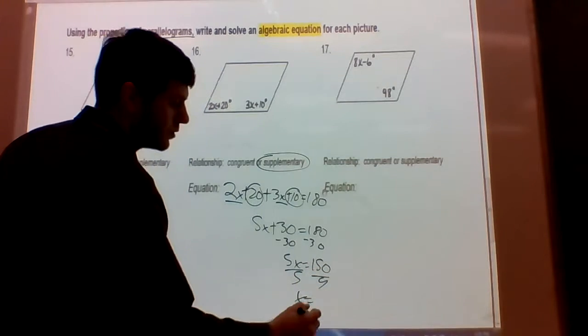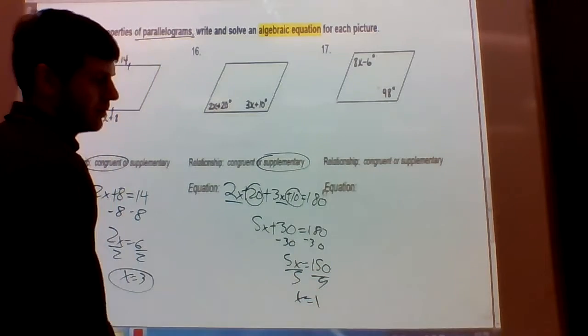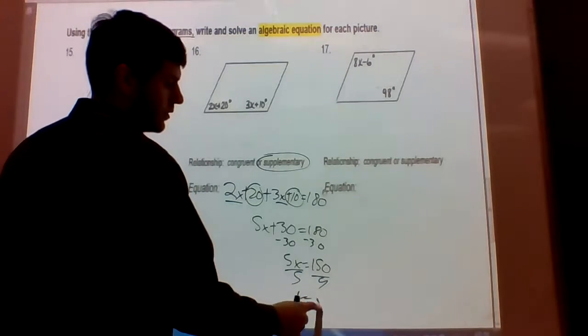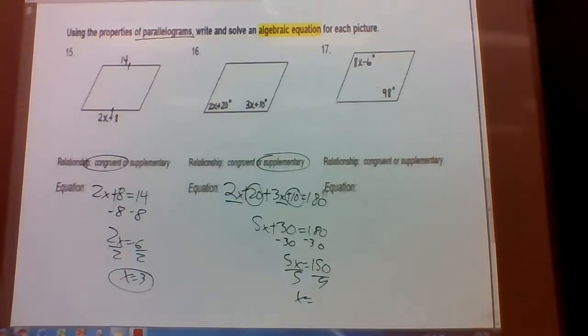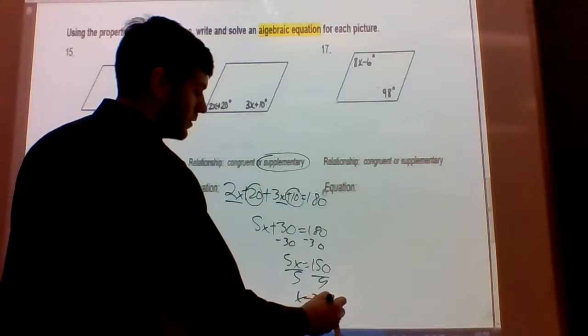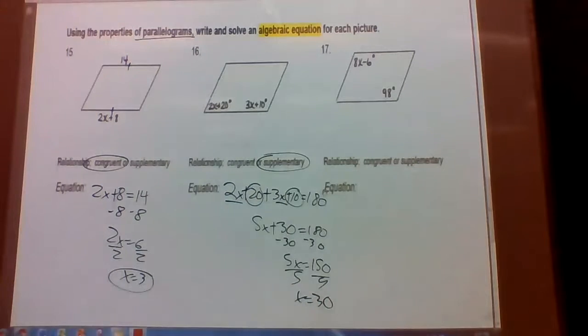X is going to be 30. 30? Yeah. I don't know why I second guess that, right? 5 goes into 15 3 times. So 150 divided by 5 is 30.